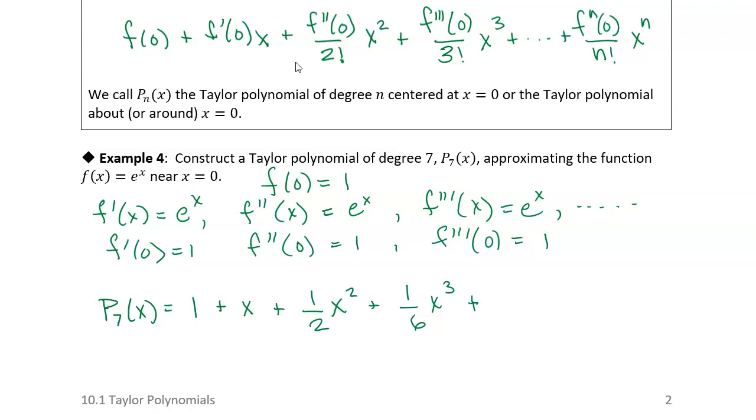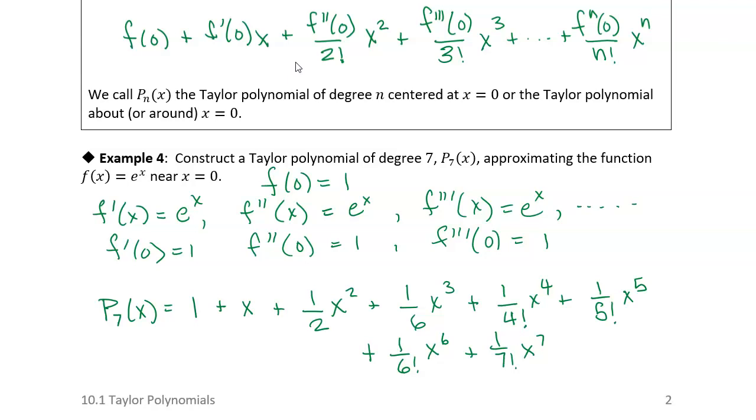You can see the pattern. We have 1 over 4 factorial x to the 4th plus 1 over 5 factorial x to the 5th plus 1 over 6 factorial x to the 6th plus 1 over 7 factorial x to the 7th. So that's our Taylor polynomial of degree 7.